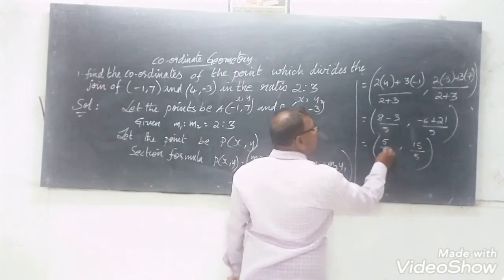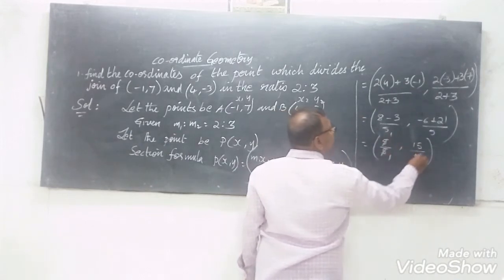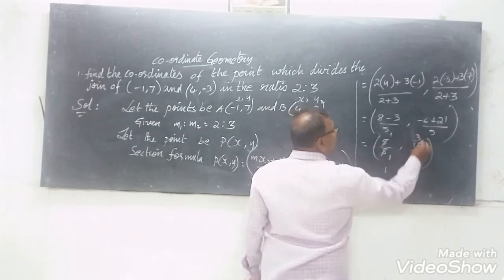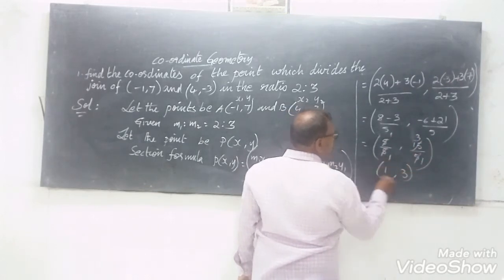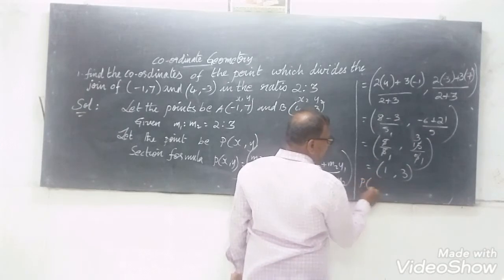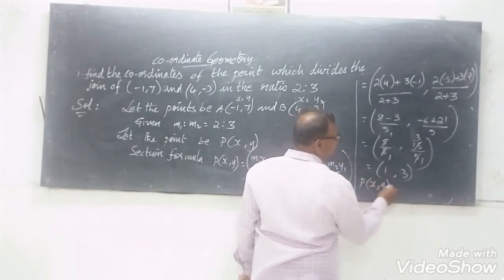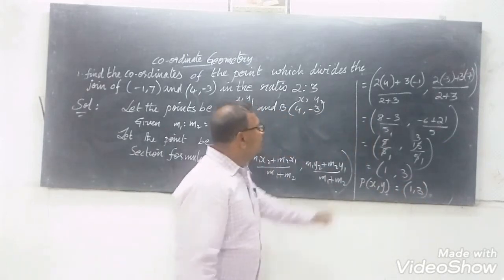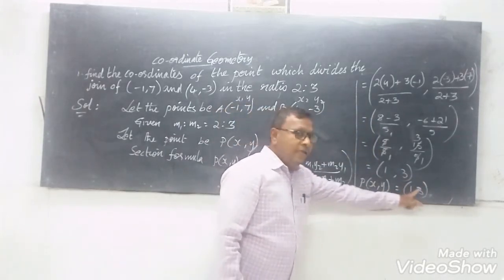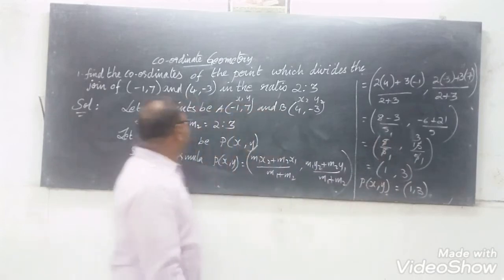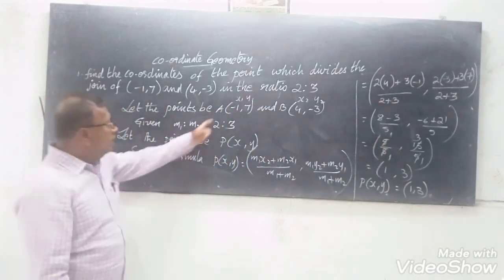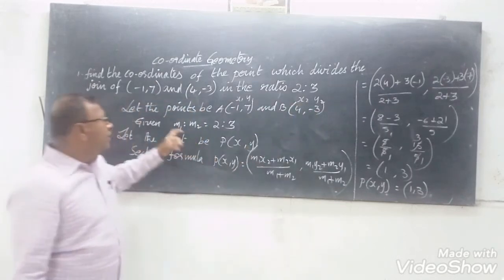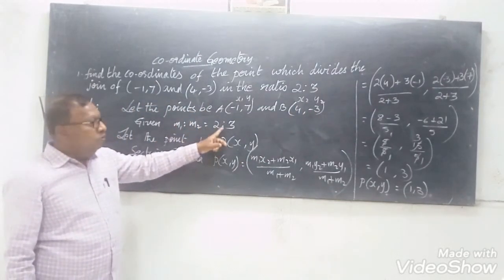Now you see, 5 ones are 5, 5 threes are 15. 1 by 1 is 1, comma, 3 by 1 is 3. So this is the point P(x, y). So P(x, y) is equal to (1, 3). This is the point which divides the join of A(-1, 7) and B(4, -3) in the ratio 2:3.